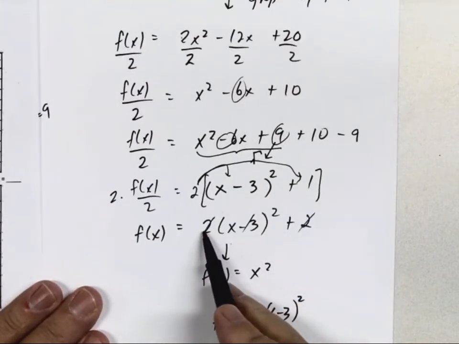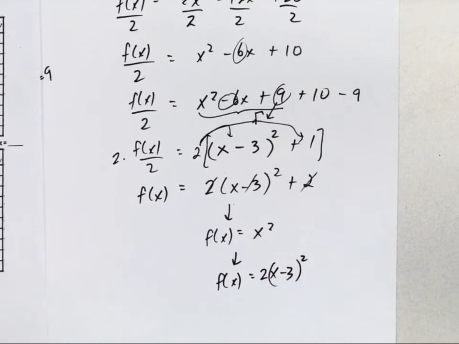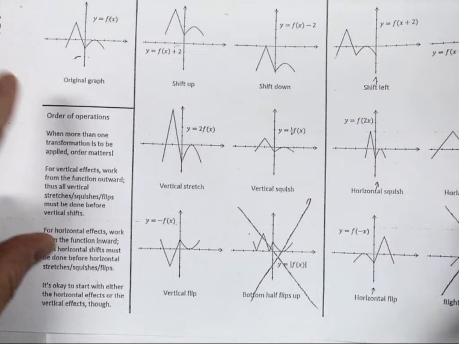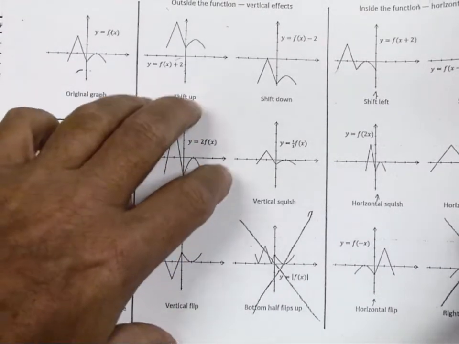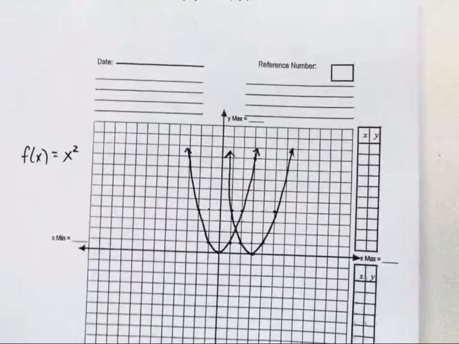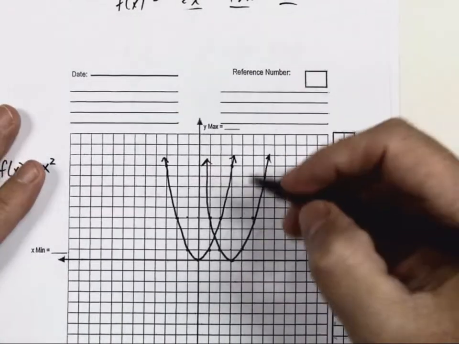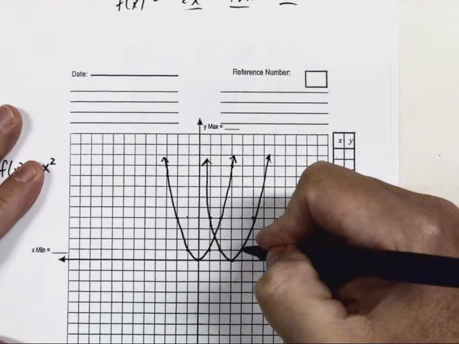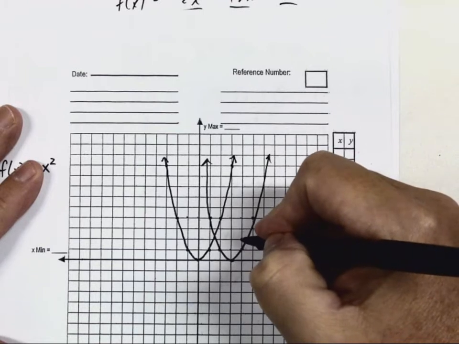Then I'm going to multiply by 2. This is outside the function. I go to my cheat sheet, multiply 2 outside the function. Vertical stretch, so like you double the size, which is going to be a little strange for a parabola. So like, I think this point goes, if you double it, it's 1, it goes to 2.